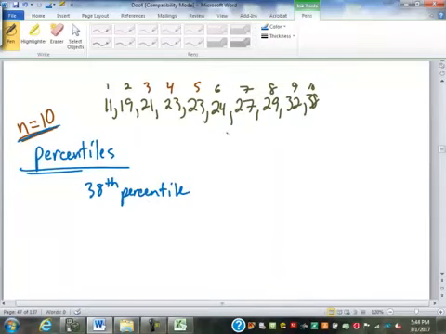That means that whatever item that you're measuring, whether it's a test score, height, weight, income, whatever, what that is saying is 38% of all people that have been tested, so we're just going to say 38% of everybody, is less than you, is less than yours.